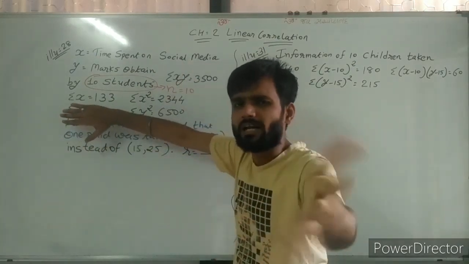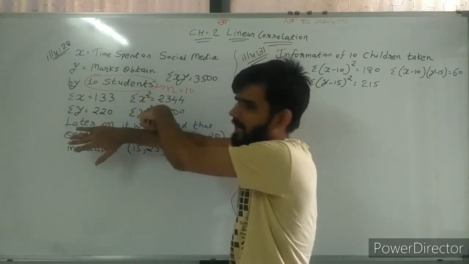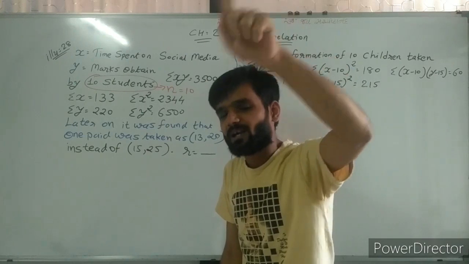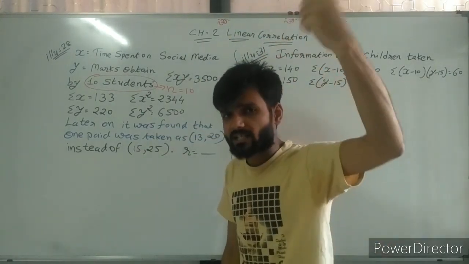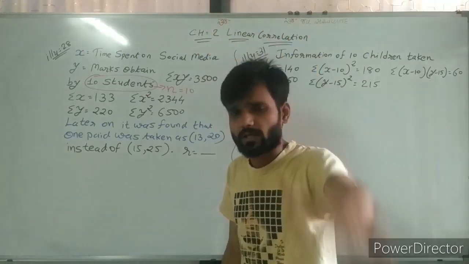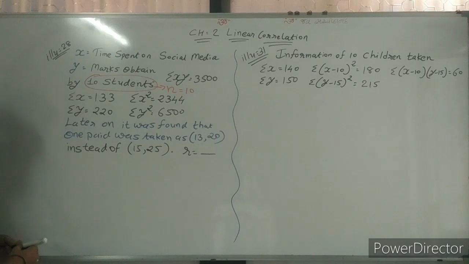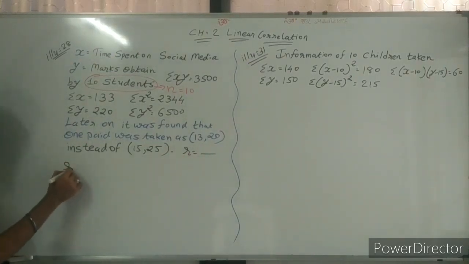Just put them in and find the value. One formula is there: n sigma xy minus sigma x sigma y, divided by root of n sigma x square minus sigma x whole square, into root of n sigma y square minus sigma y whole square. This formula you can use. We need to find r.